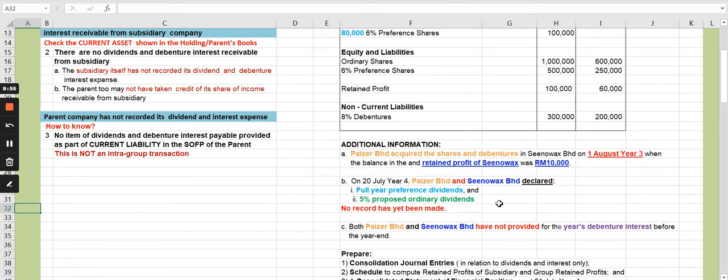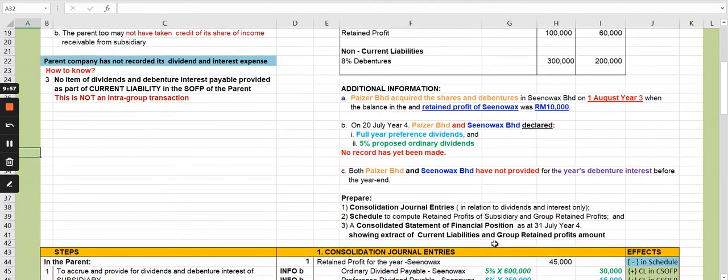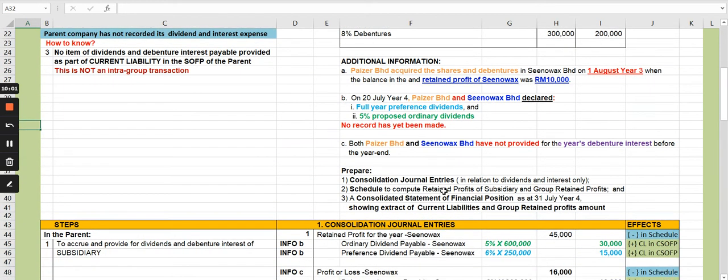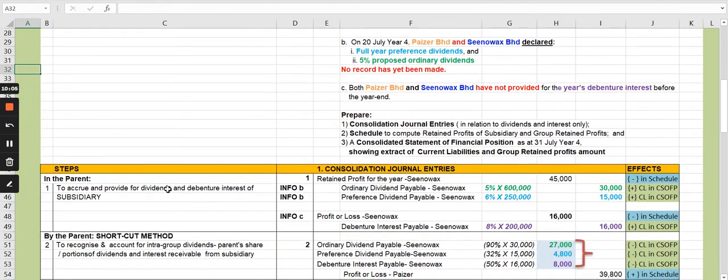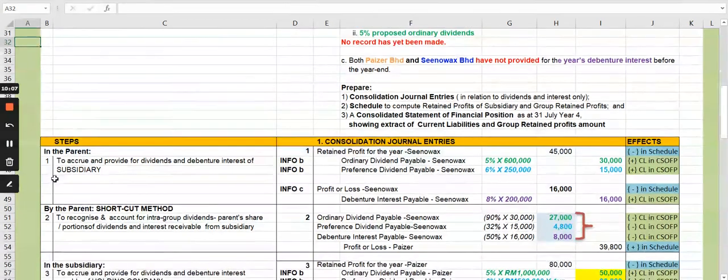So let's look at what you need to do. Since the parent has not provided for the debenture interest, and the subsidiary also has not provided for the debenture interest, you are asked to show the consolidation journal entry. If you look at the one that I have prepared here, number one is to prepare the consolidation journal entry. Number one, we need to look at it from the point of view of the subsidiary company.